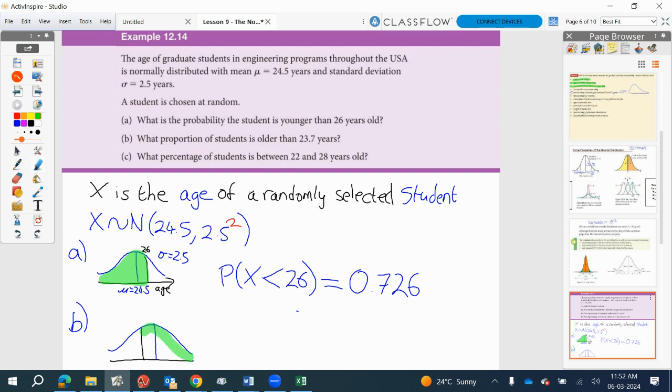Have a go at finding this on your calculator now. It's 0.626.